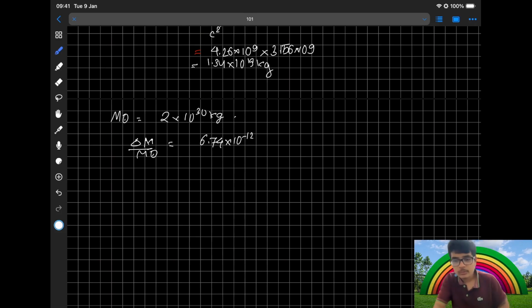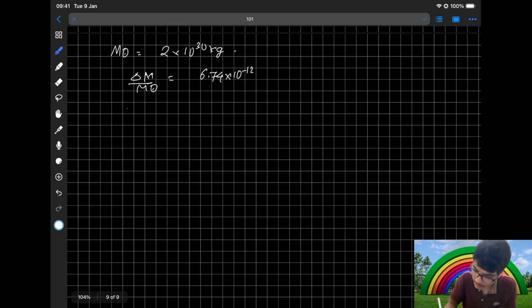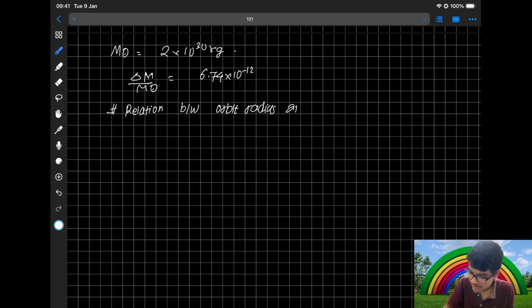For this, we'll need to proceed further and learn about the relation between orbit radius and solar mass. We have angular momentum L equals M times the square root of G M a.